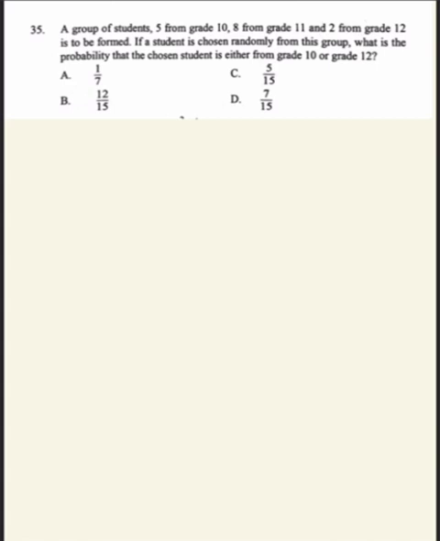Going to question 35, we get a probability question. It says a group of students, 5 from grade 10, 8 from grade 11 and 2 from grade 12, is to be formed. Different numbers of students from grade 10, 11 and 12 are being grouped. So to make it clear, let's represent grade 10 as a to avoid confusion, grade 11 as b, and grade 12 as c.